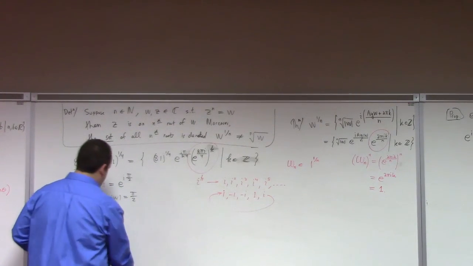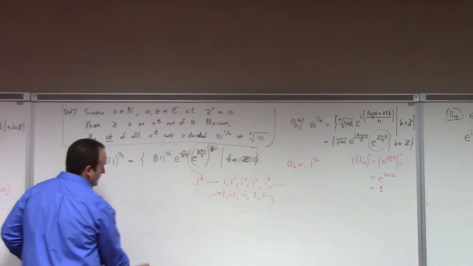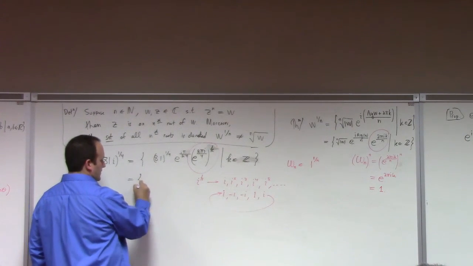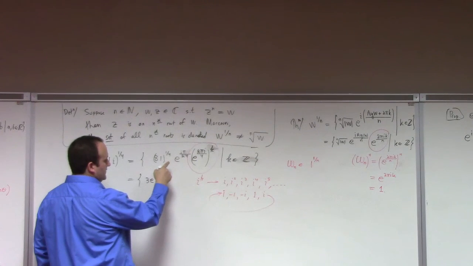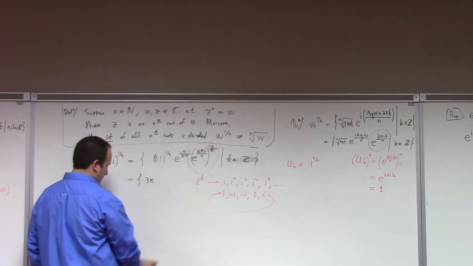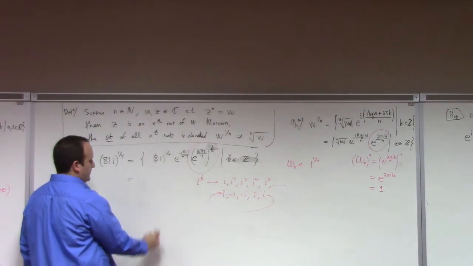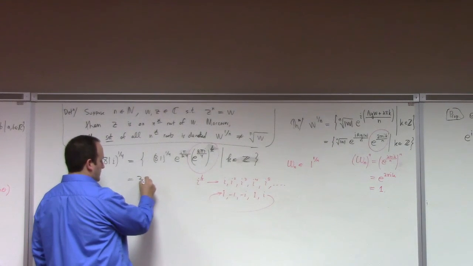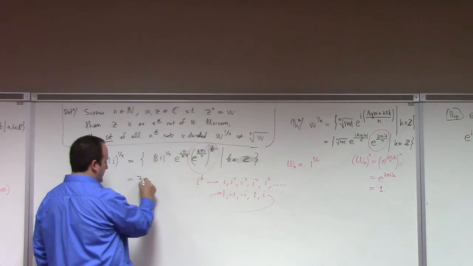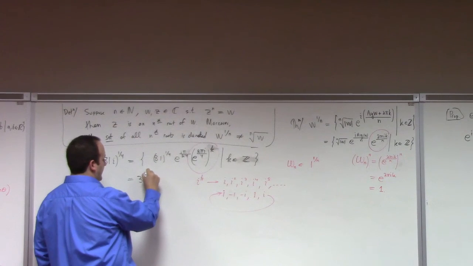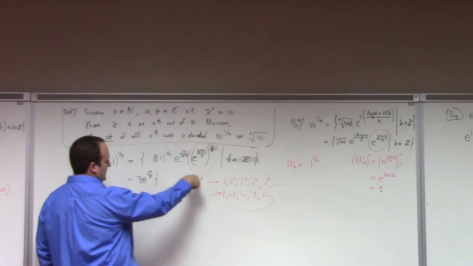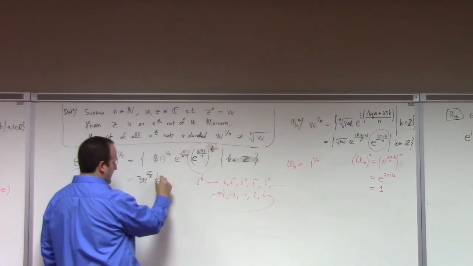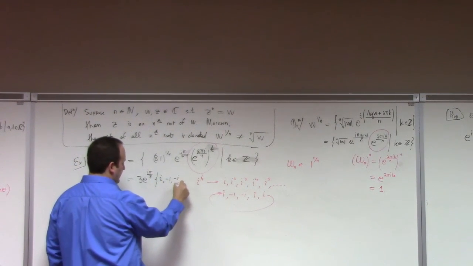So this here, getting to the point, is 3 e to the i pi over 8. I'm just going to save myself from writing it all up. Factor out this 3. And my roots of unity here are just i, minus 1, minus i, and 1.